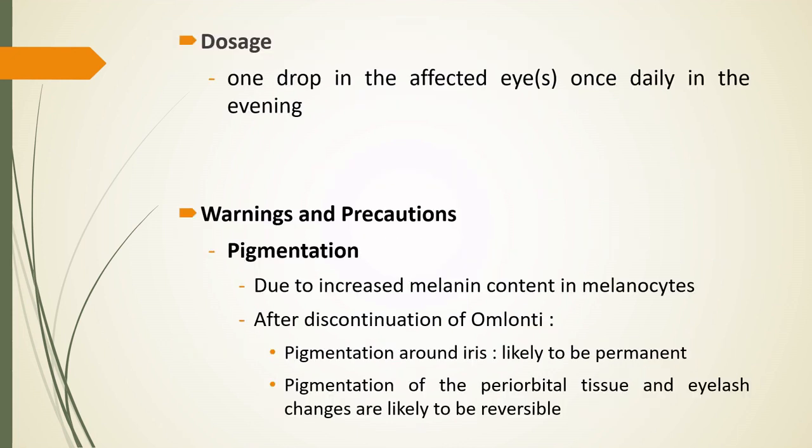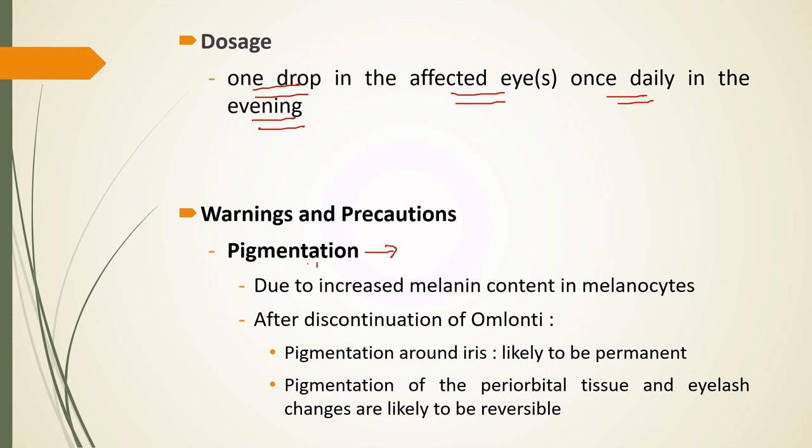So what is the dosage? It is given in the form of one drop, given in the affected eye or eyes once daily in the evening. Now there are certain warnings and precautions for this drug. The most important warning is the development of pigmentation.